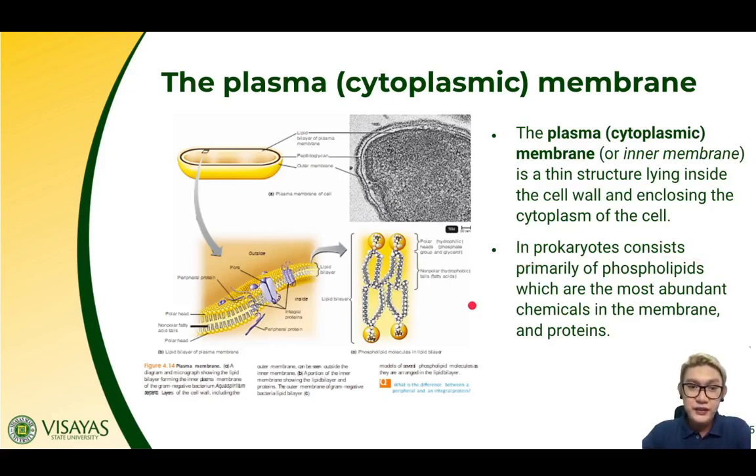So you have here a phospholipid molecule. It is composed of a hydrophilic head and a hydrophobic tail. So they make up a double layer because the hydrophobic tails form hydrophobic interactions, so that all the hydrophilic heads are in contact with the watery environment outside and inside the cell.